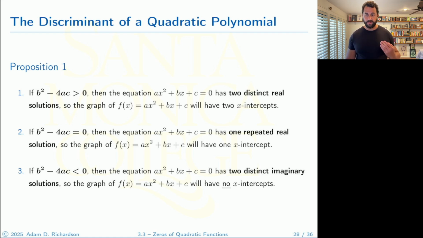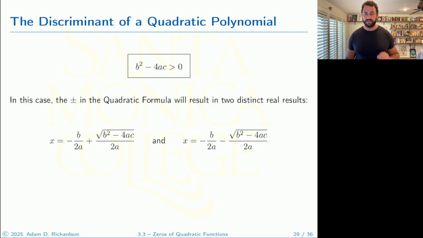Now, I'm not the kind of person who just likes to say, okay, this is how it is. Let's dig into why this is the case and why this works. So let's look at the first case. If your discriminant is positive, look at what happens to the quadratic formula. There's a plus minus in that formula, and that means you're going to have two distinct solutions.